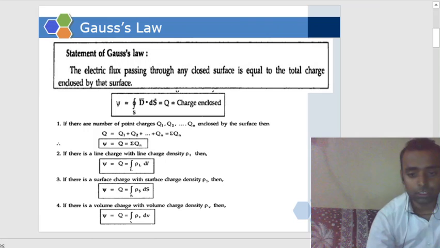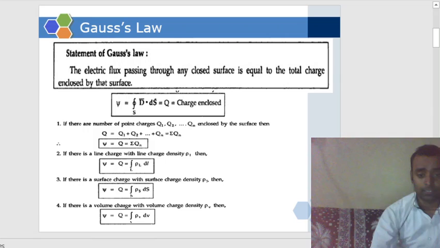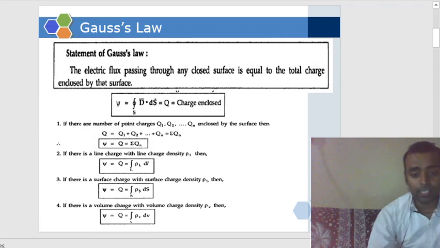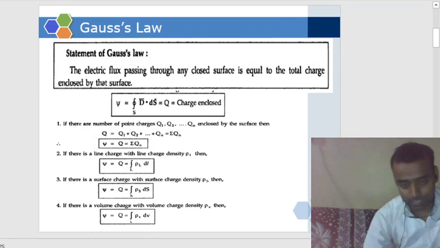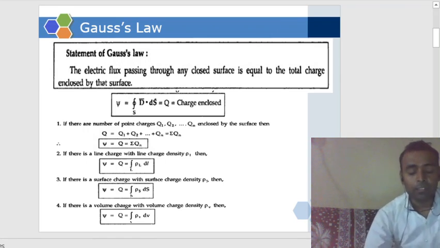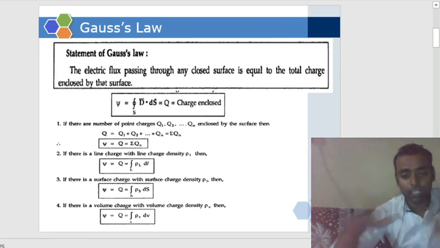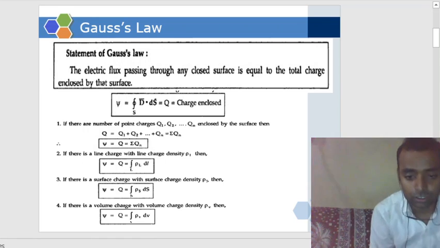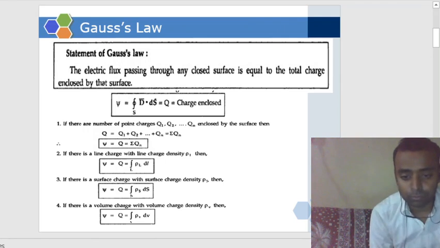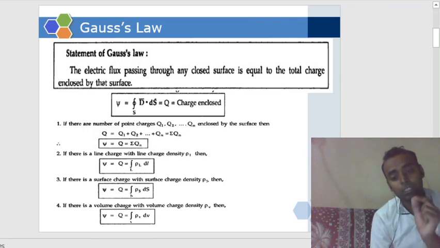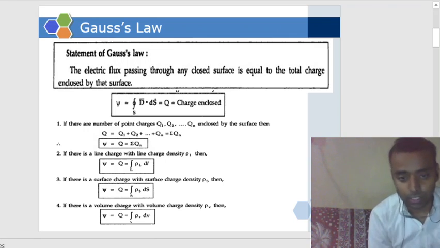Line charge is charge distributed over a line, and line charge density, charge per unit length, is rho L. Similarly, charge per unit surface area is called surface charge density, and charge distributed over a sheet is called surface charge. Similarly, charge distributed in a volume is called volume charge, and charge per unit volume is called volume charge density, rho v. Everybody remembers, no?